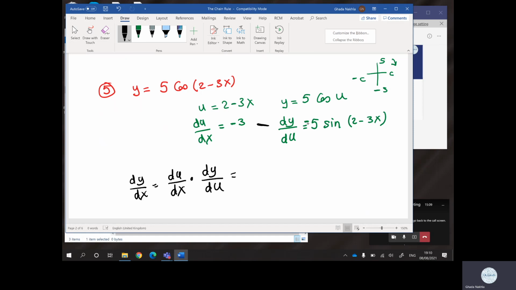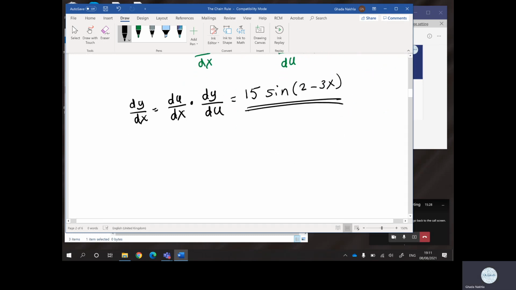Minus multiplied by minus becomes a plus, so plus, and then 3 times 5 is 15 sine 2 minus 3x. So the answer is 15 sine 2 minus 3x. Let's take a look at something slightly harder.